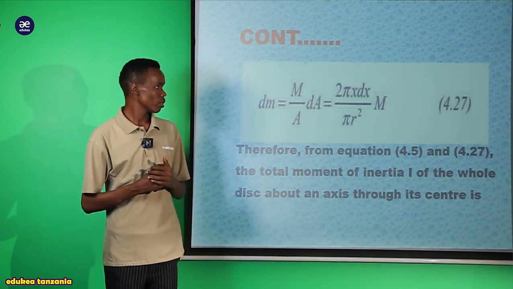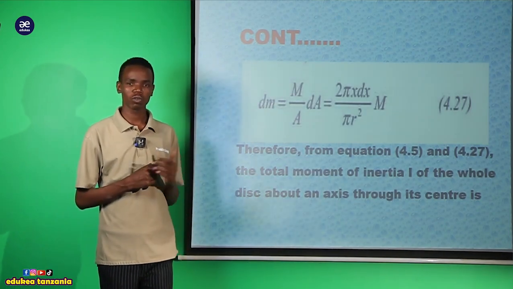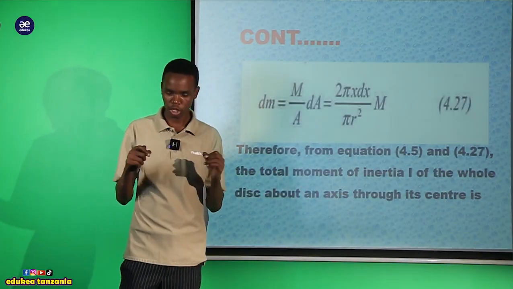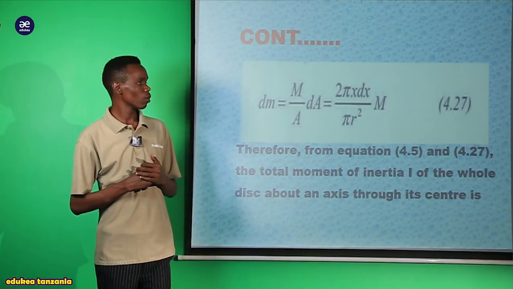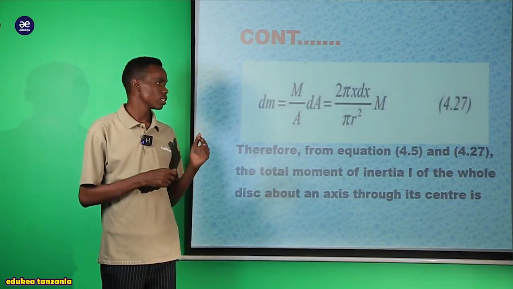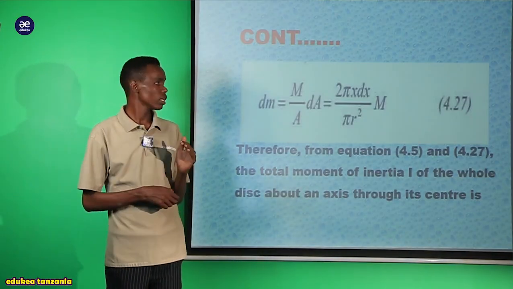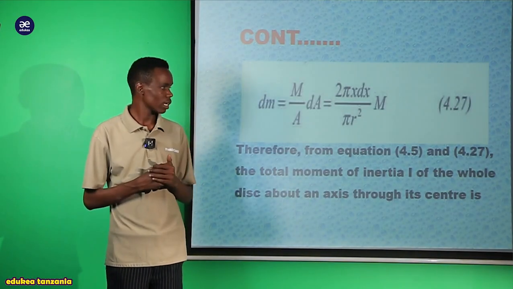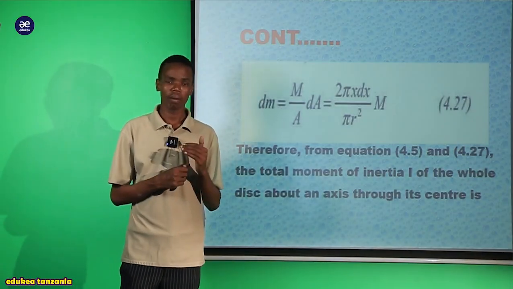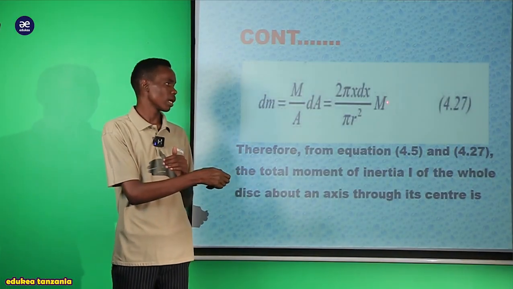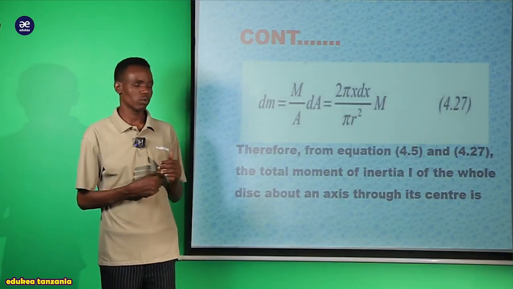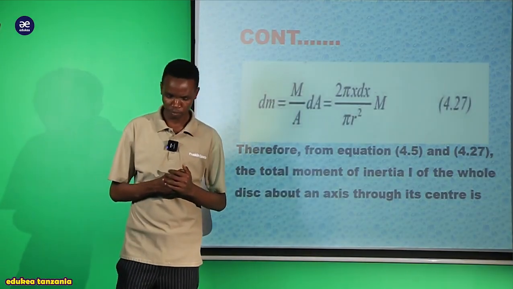But the formula to obtain dA, we differentiate for the small change of the area, and we obtain that dm must be equal to 2 pi x dx divided by pi r square multiplied by m. This should be the equation number 27 here.